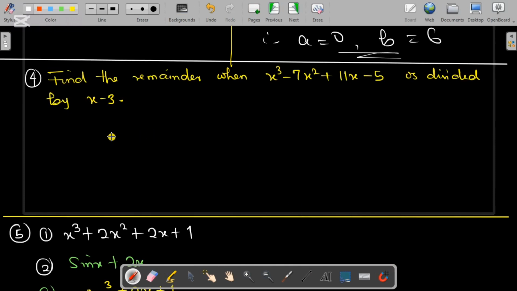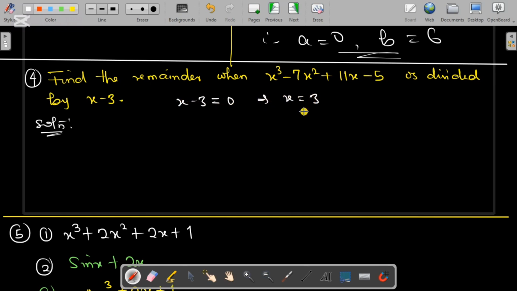I hope that will enter this space that I created. Let's see. Okay, so here you are asked to find the remainder when this polynomial is divided by x minus 3. So this will also use the remainder theorem, which is like the factor theorem. So here, if you have x minus 3 as your divisor, just equate it to 0 and you will get x as 3.